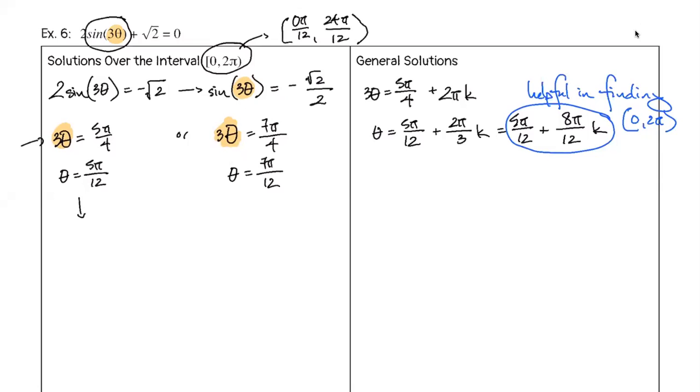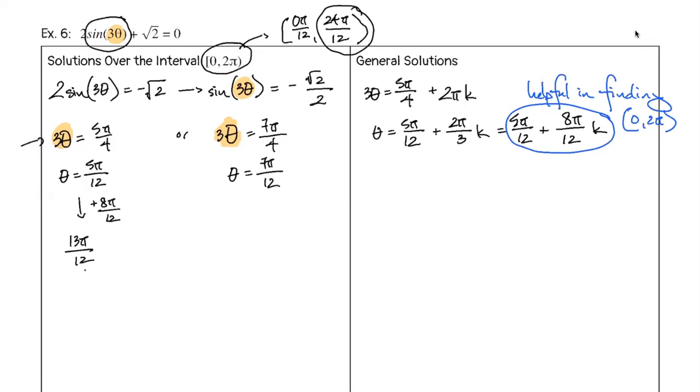So if I add 8 pi over 12 to 5 pi over 12, what do I get? If I take my solution and add, yeah, I get 13 pi over 12. Okay, is 13 pi over 12 still less than 24 pi over 12? Yes, okay. So that means it's still a solution in my interval of 1 time around the unit circle. Okay.